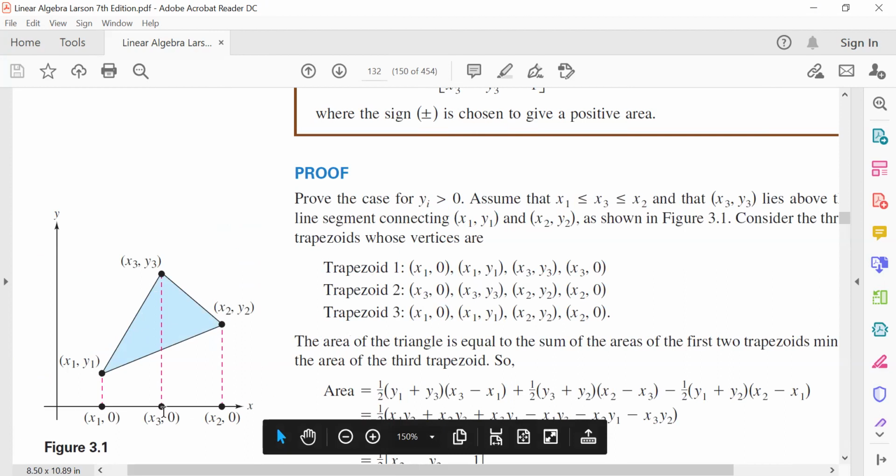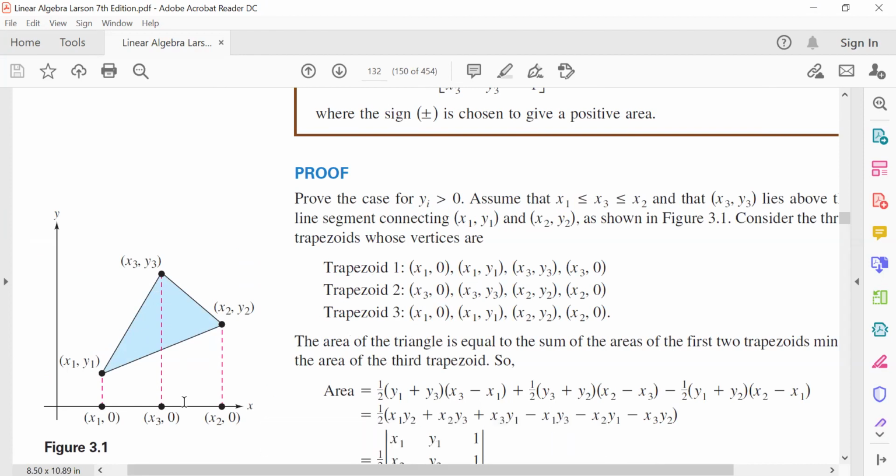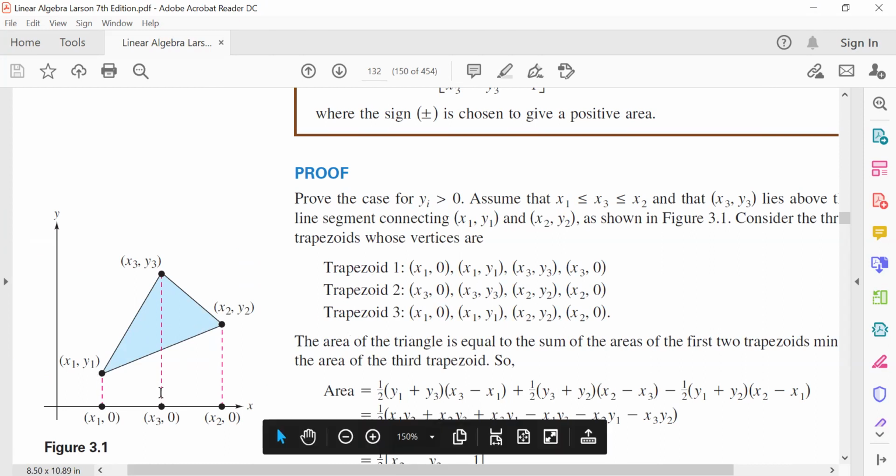Then I have a second trapezoid whose base goes from x3 to x2, and it goes all the way up here. And it's a second big tall trapezoid. These 2 big tall trapezoids are part white, part blue. Now there's a third trapezoid sort of lying down, and it's all white. This guy right there.